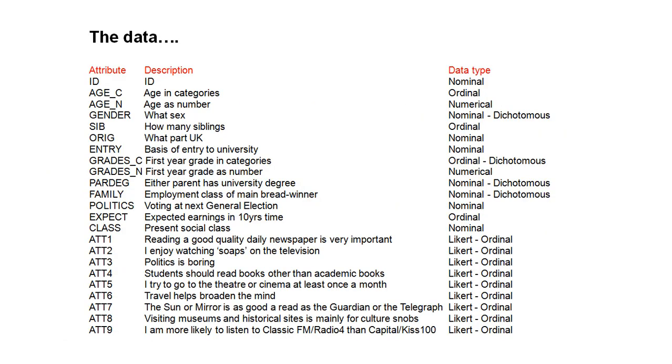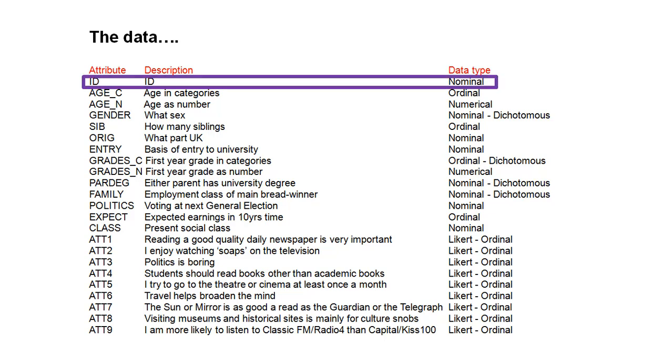Here is a questionnaire dataset we are going to use. It's rather old, but it has a range of data types and therefore serves our purpose. The first attribute is a unique ID, and although coded as a number, is actually nominal.